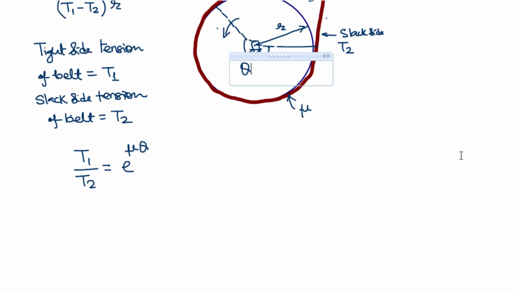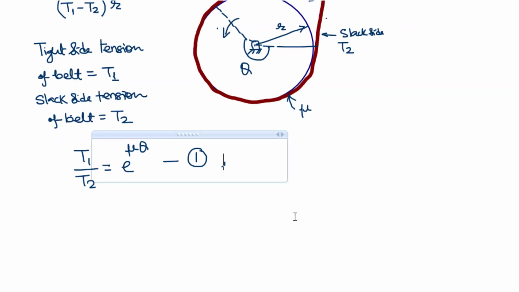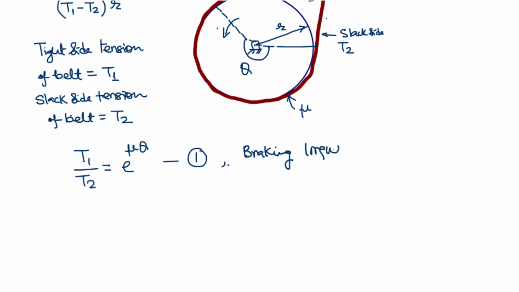Now, moment about O. The first relation is T1 upon T2 equal to e power mu theta, and braking torque is equal to T1 minus T2 into R, this is the second equation.